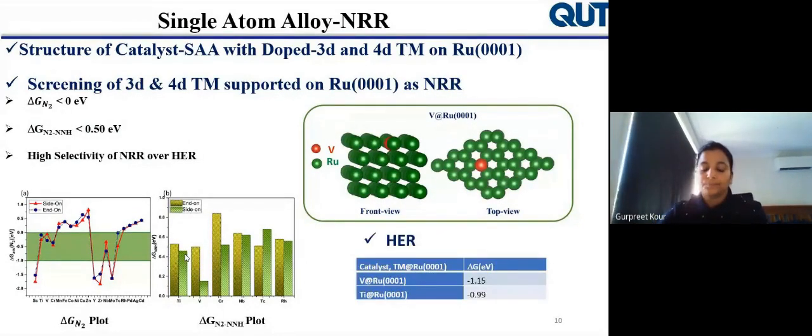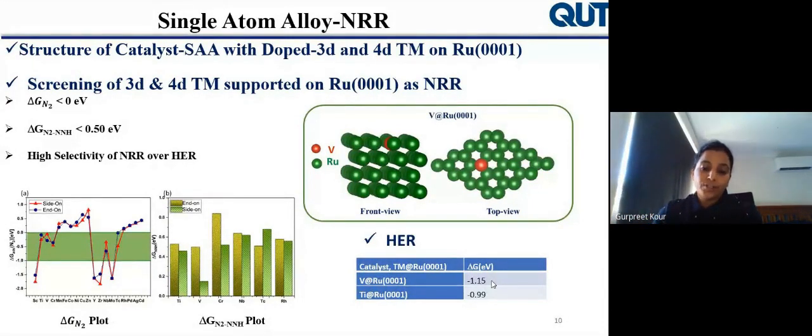We also calculated the hydrogen evolution reaction for vanadium doped and titanium doped ruthenium 001, and we found that the free energy was highly negative. So this HER is quite suppressed as compared to NRR.